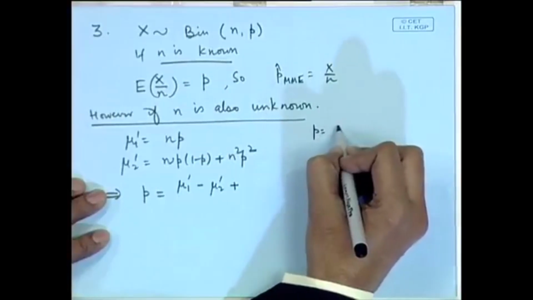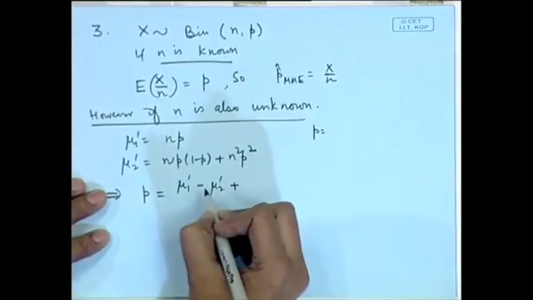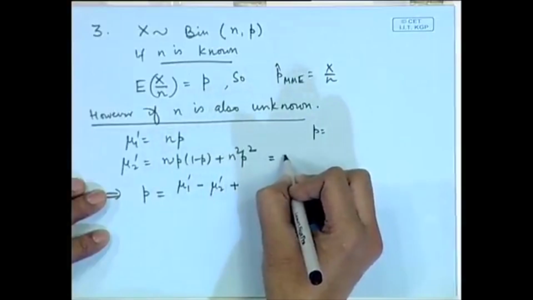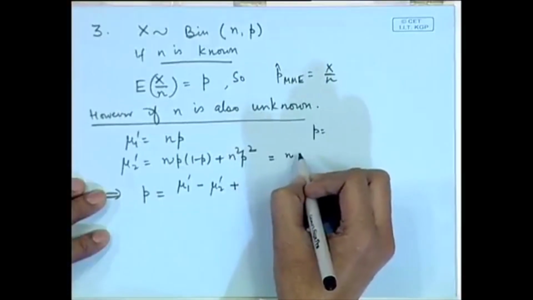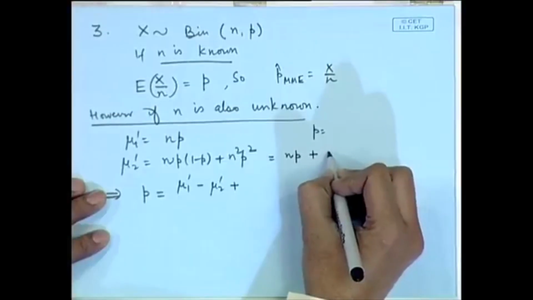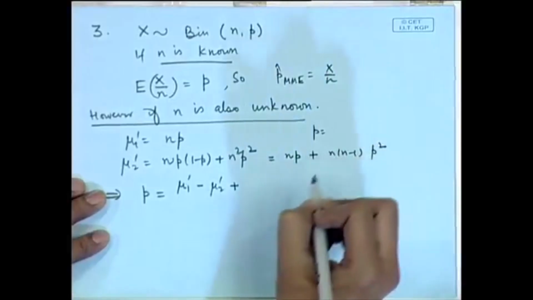P is actually n p, that is n p plus n square minus n, that is n into n minus 1 p square.